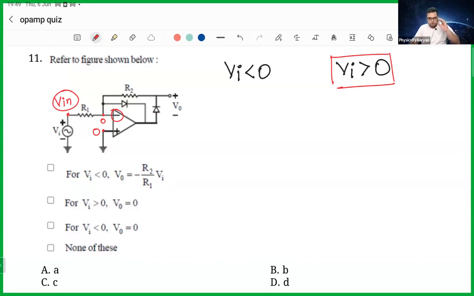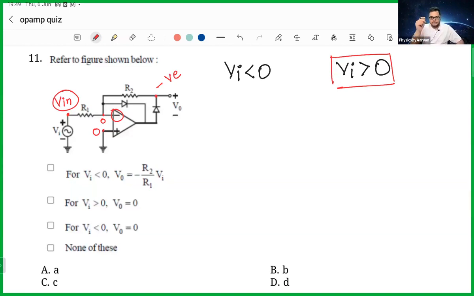Do you all agree with this, first of all? So if I give a positive voltage to an inverting terminal, it will make it a negative voltage. Is it something you agree with? It does not matter how much negative, but it will make it negative. So if your V input is positive, then your output definitely is going to be negative. I'm not talking about how much negative, but definitely it will be negative.